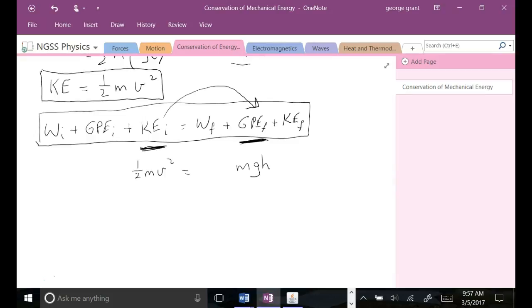Can everybody see that both terms on either side of the equal sign contain the variable for mass, m? So if I divide both sides by m, this variable goes away. So it says, really, that mass doesn't matter in this calculation.